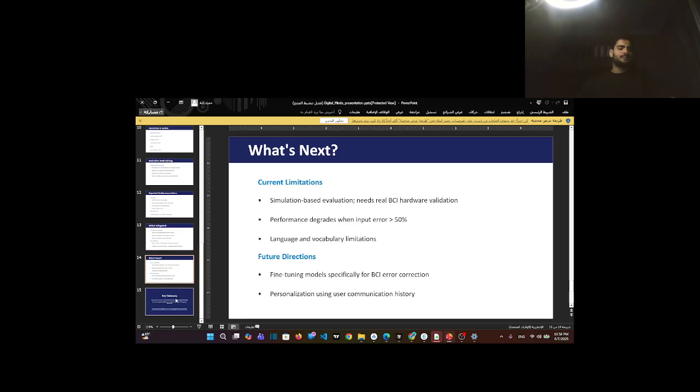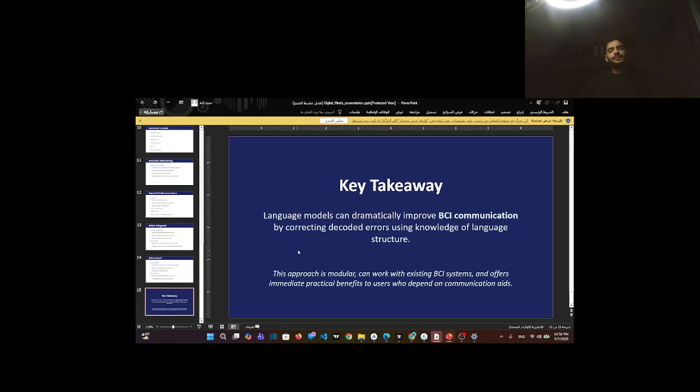Slide 15, key takeaway. So to conclude, large language models can significantly improve brain-computer interface communication by correcting decoded errors using knowledge of language structure. The strength of this approach is that it is modular.